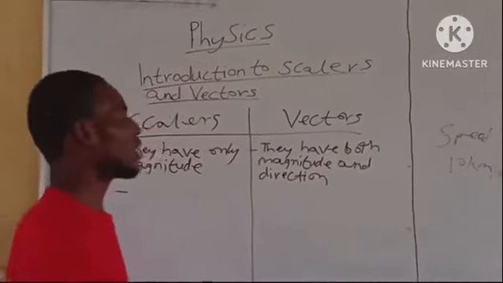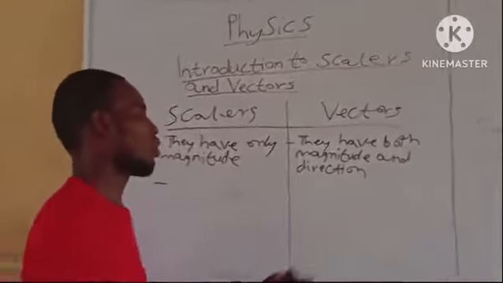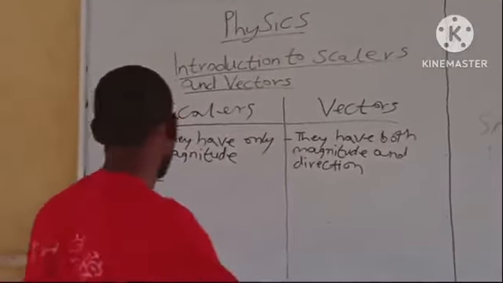Another difference between them is that scalar quantities have no direction, but vector quantities have a specified direction.